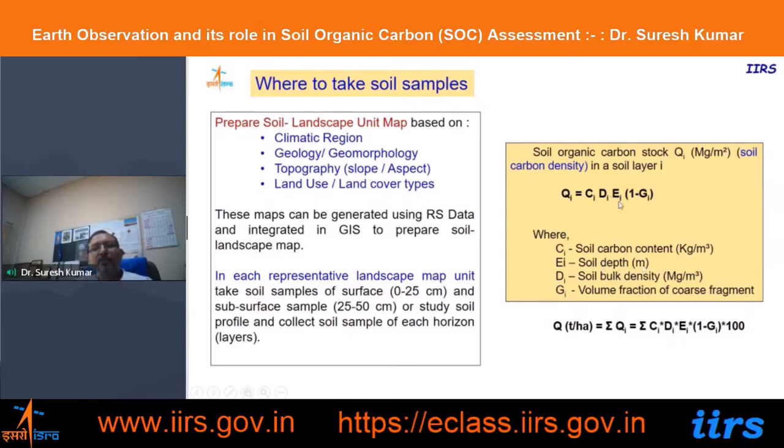So it is very easy, you need to only collect the soil samples and measure the carbon content and bulk density. In general, if you have not measured bulk density, then you can take 1.336 or 1.4 as a standard bulk density of the soils. So in general, you need to only know which depth you are taking and what is the organic carbon content, and using this formula you can calculate the soil carbon stock.